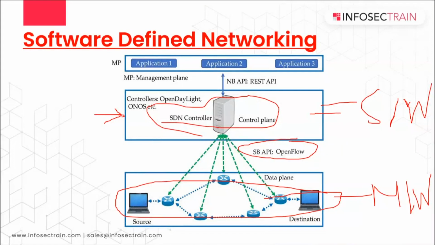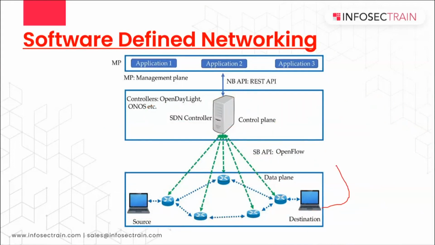So the applications which you are seeing up over here, on the top, the management plane. These applications can communicate the resource request, like a person sitting up over here. It can communicate the resource request information. I am a person, I want to send a file to this particular destination, and that file exists in application two.